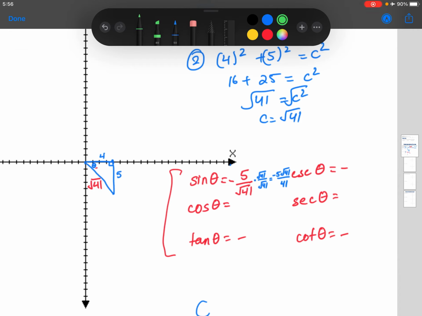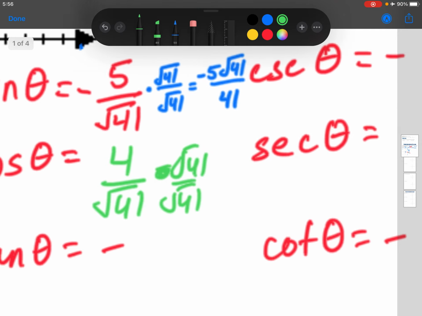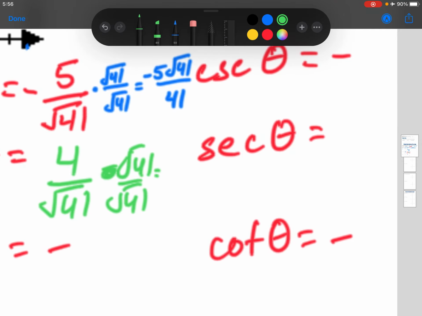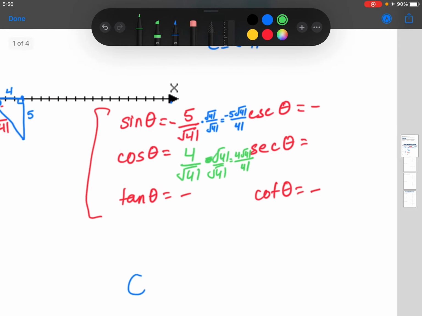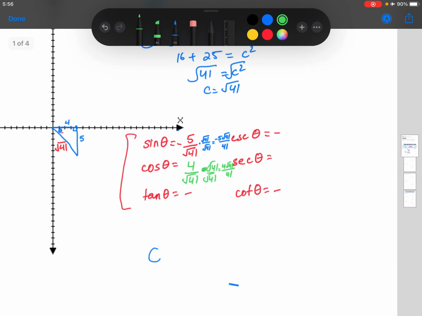So the cosine would be what? Adjacent 4 over rad 41. Rationalize it. You're going to multiply by rad 41 over rad 41. And you end up with what? 4 rad 41, and it's going to be positive. Remember, cosine is positive, over 41. Now tangent is opposite over adjacent, so it's what?